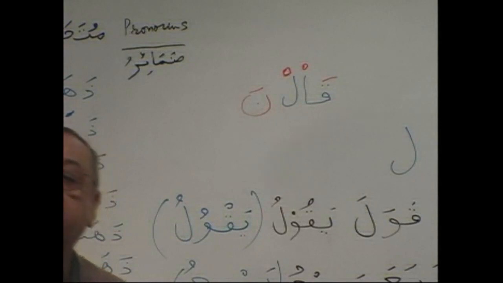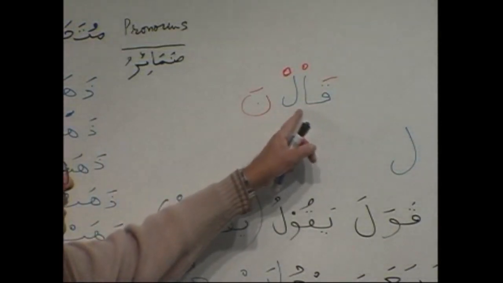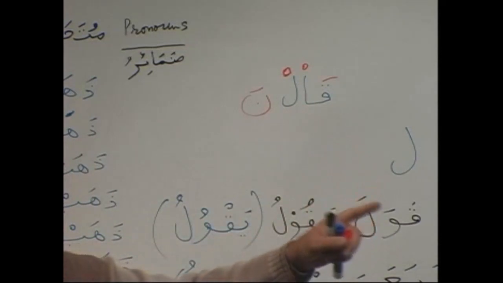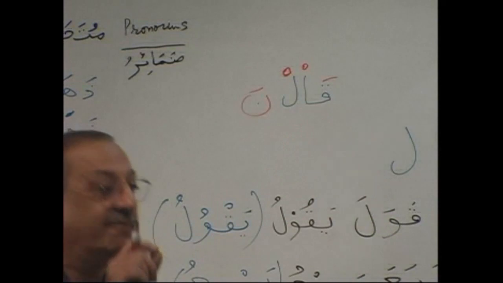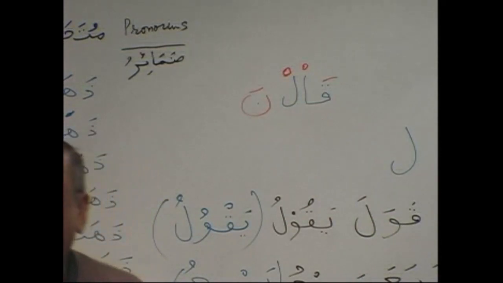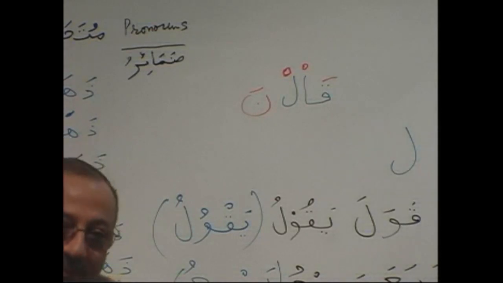Then if there is a meeting of 2 letters, 2 Sakin, okay, and if one letter happens to be a weak letter, Vav or Ya, you drop it. But what happens when both letters are sound? You can't drop it, brother.